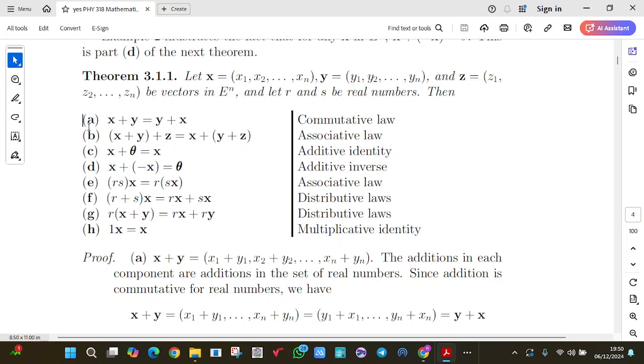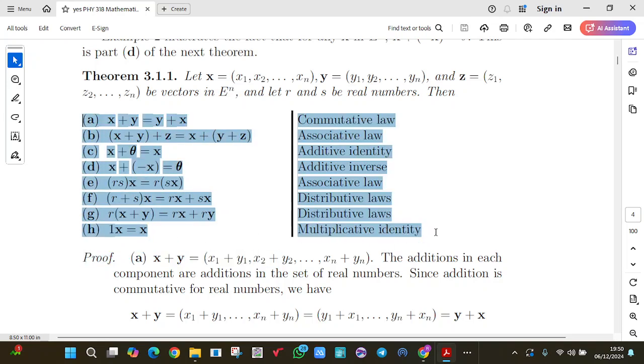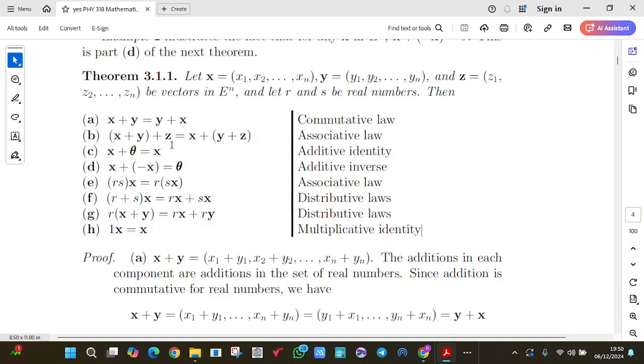Okay, so you can see that to form a vector space, all these laws must be satisfied. Now, the question I can ask you is to prove the first part, that it is commutative. Is this a theorem, an axiom, or a theory? Now it says let x be equal to x1, x2, up to xn, y be equal to y1, y2, up to yn, and z be equal to z1, z2, up to zn.